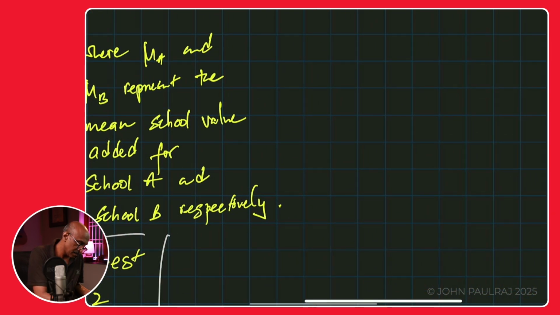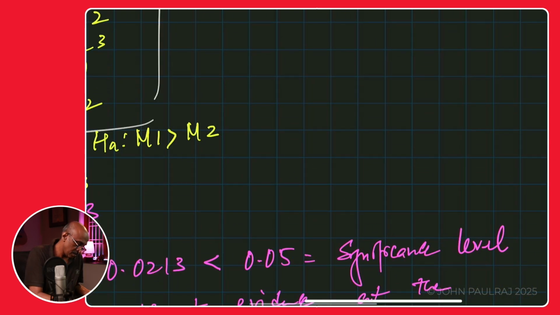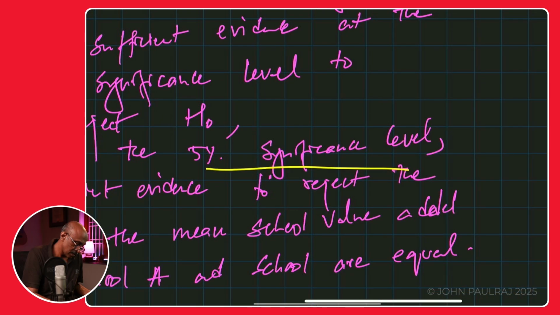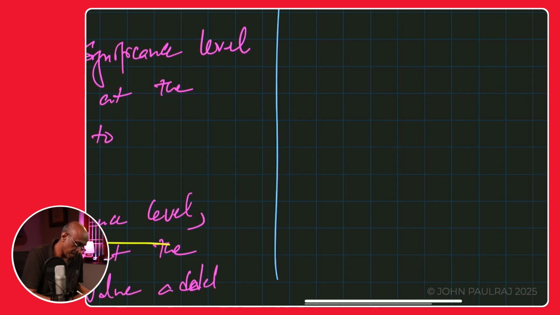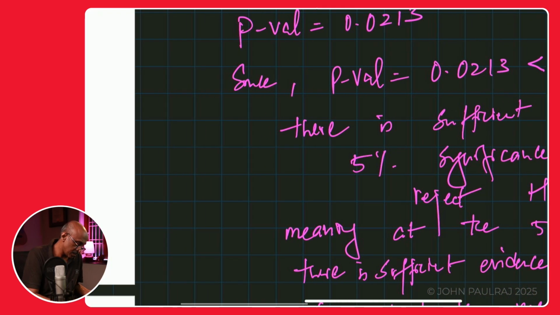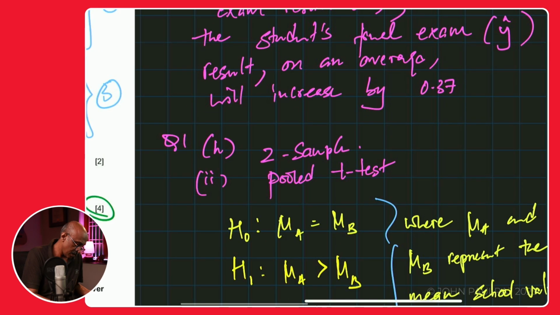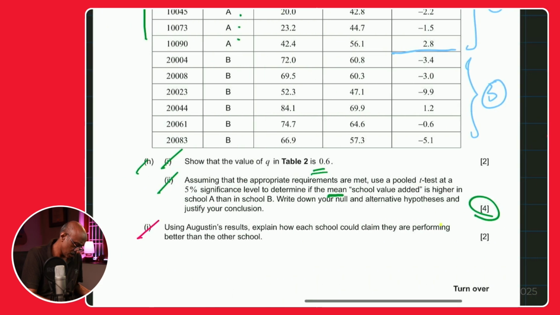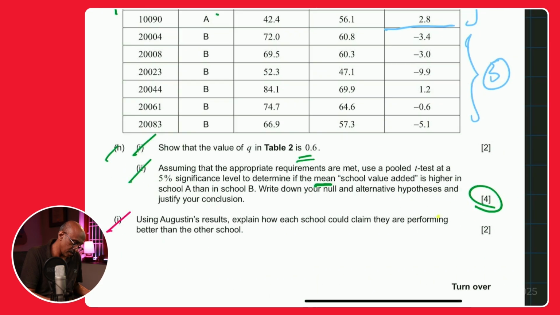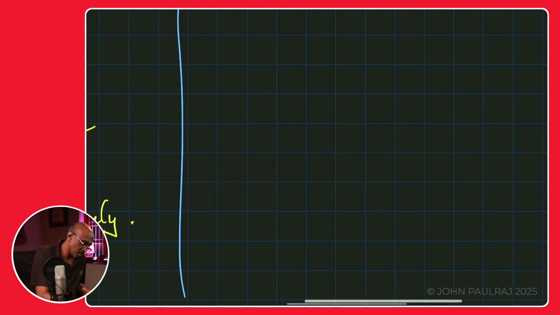Let me just put a line here. This is H part 2, and this is question number 1, and this is the I part.